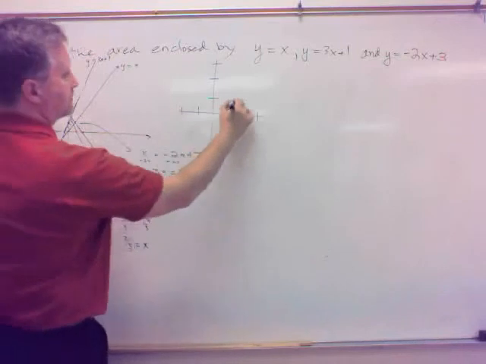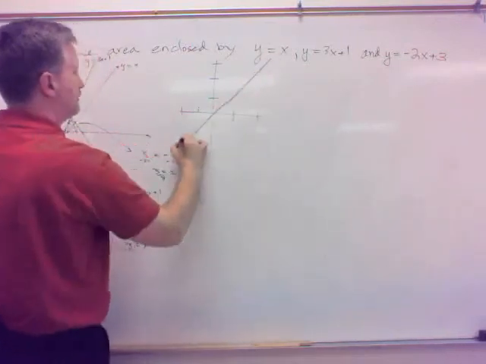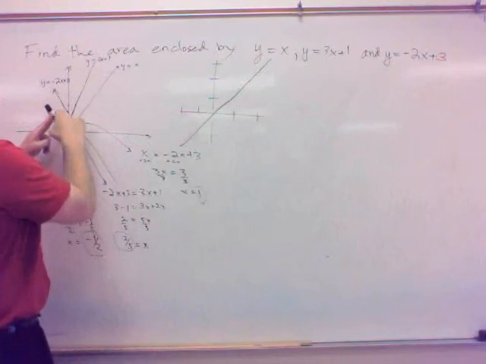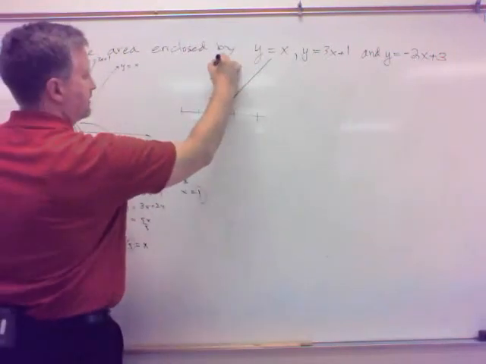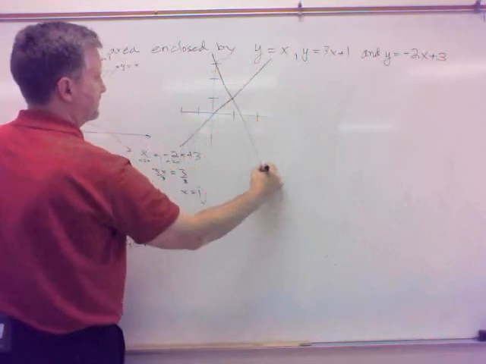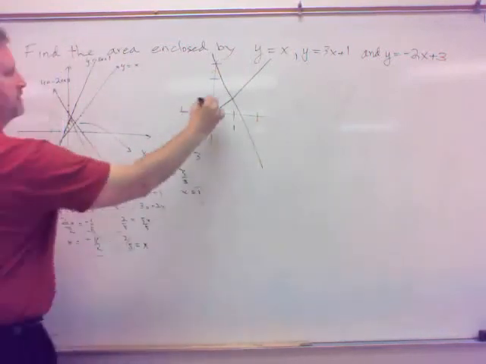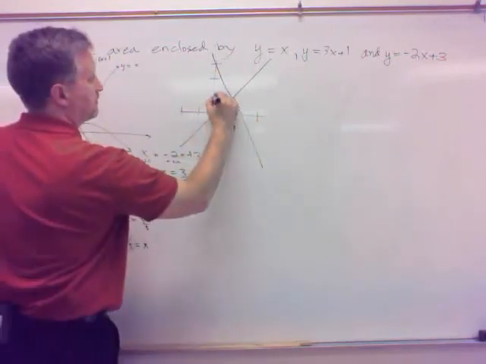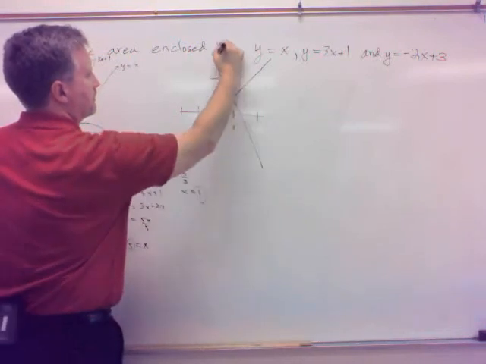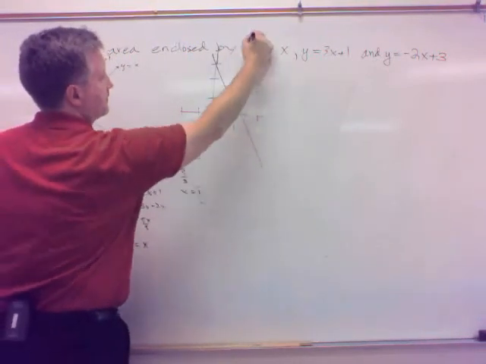Okay, so I got y equals x here. Negative 2x plus 3, that one's here. That's the one that intersects nicely at 1. And then the 3x plus 1, I think one more, don't I, is here.